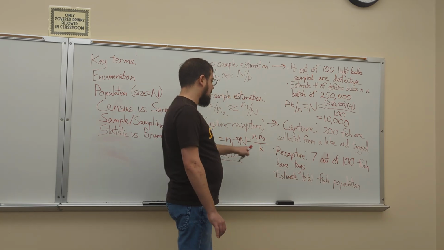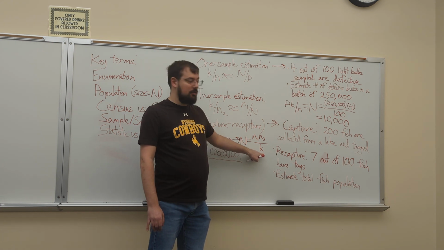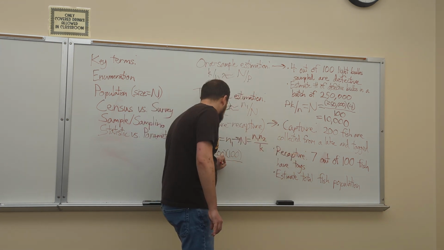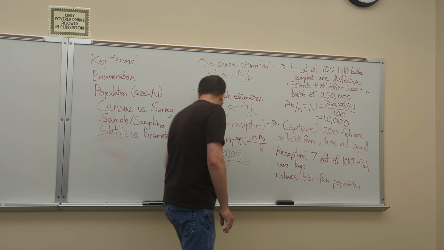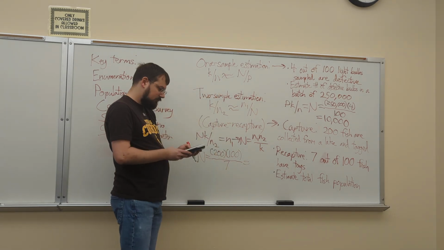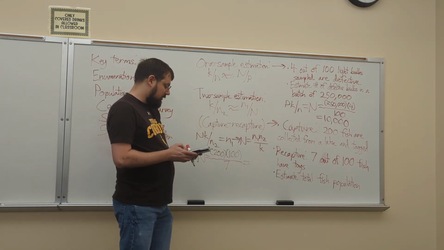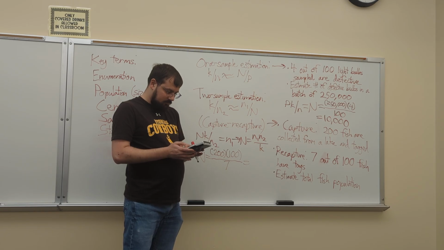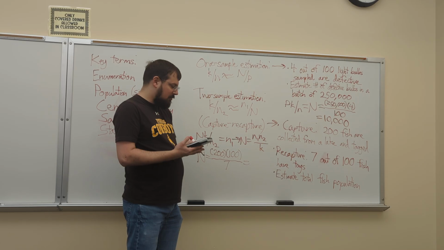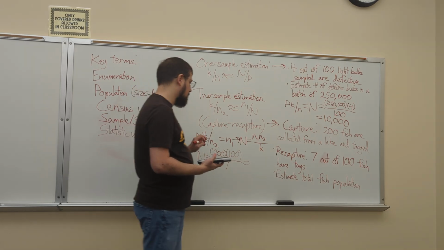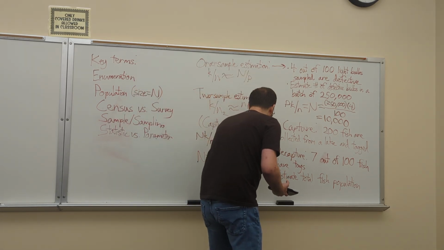And then over K, that's how many of the recaptured individuals had tags, so that would be 7 in this case. So if we put all of this into our calculator, then what we end up with is 2857 as our estimate for the population.